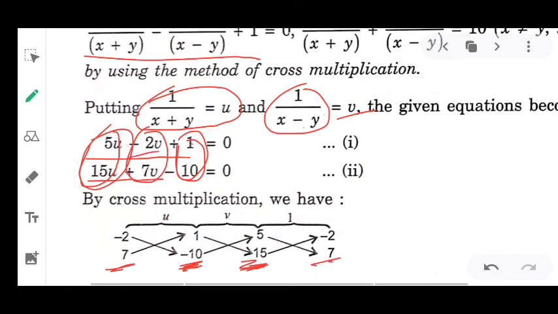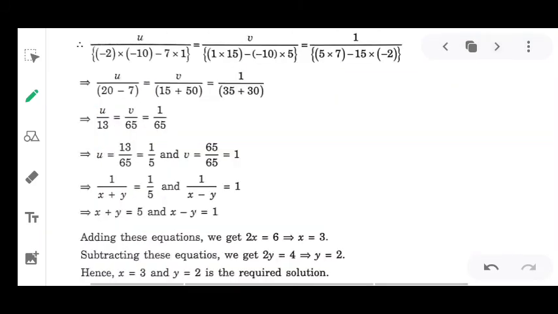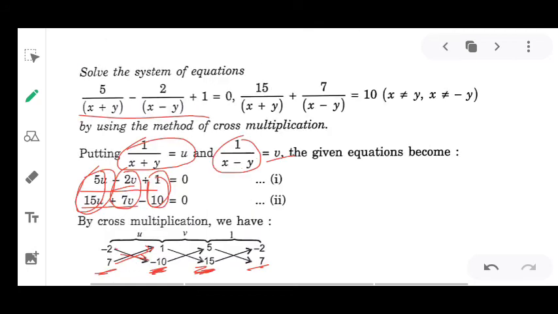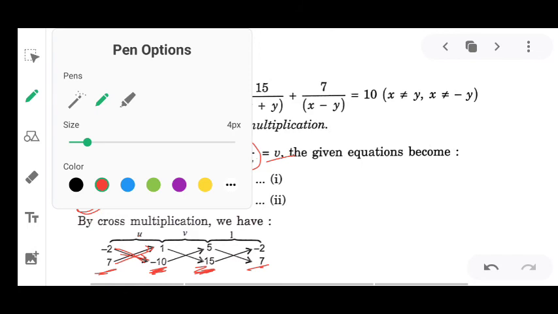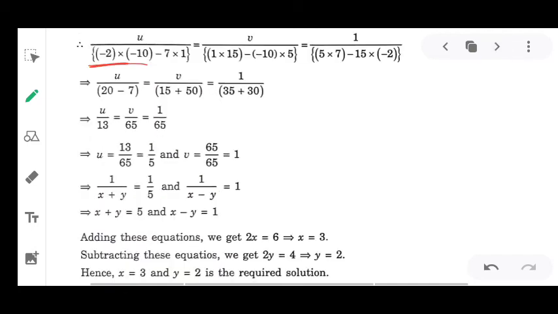Now put the arrow mark from the left side top to bottom, then bottom to top. Okay, so u by -2 into -10 minus 7 into -1.